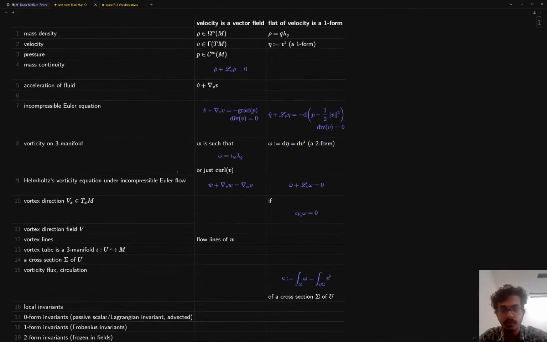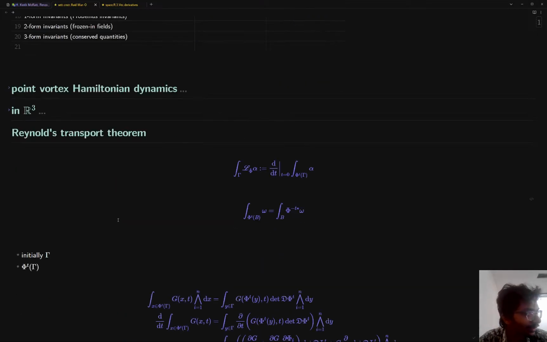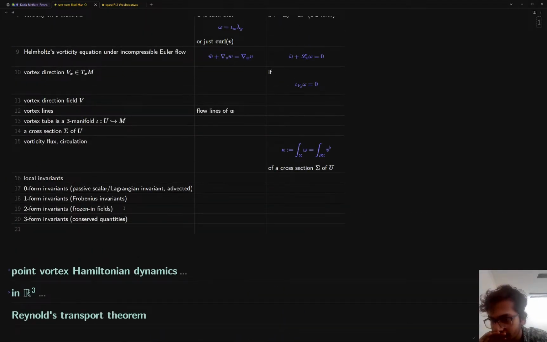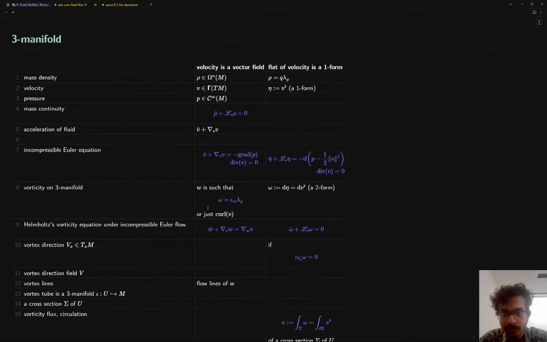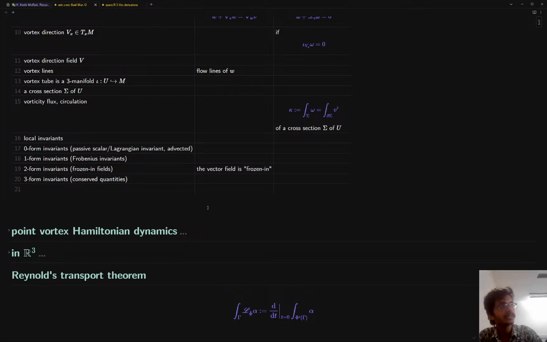So here I give you the three types of invariants and how each of them are weird in their own ways. So this is frozen in, so that the vector field. So I can convert that two form into a vector field. But the statement is different from the area integral.